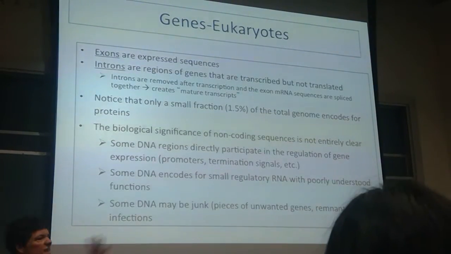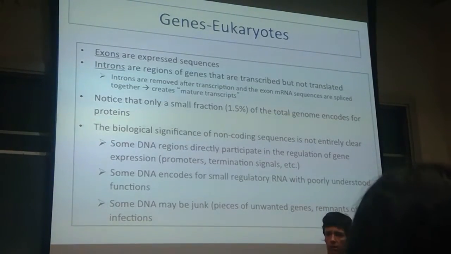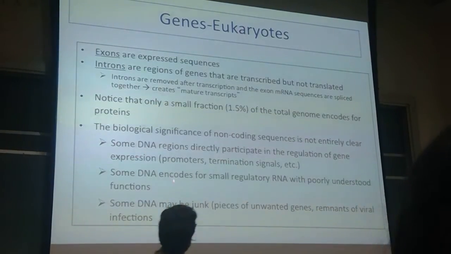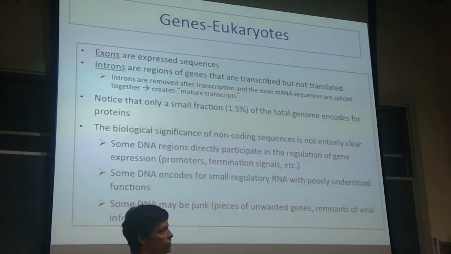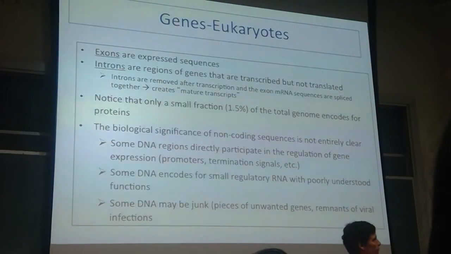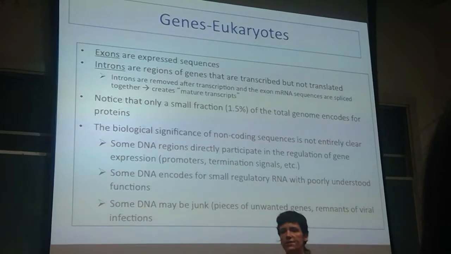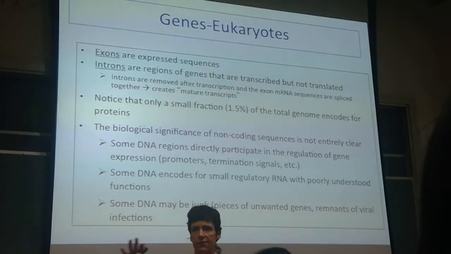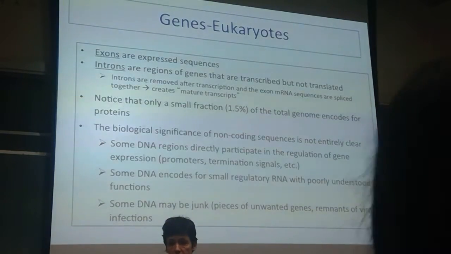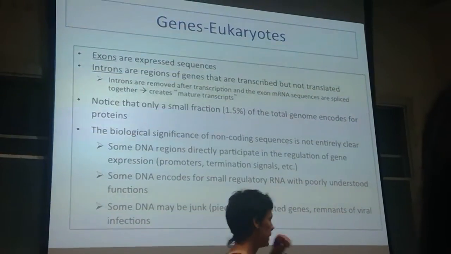So now, what is all this garbage around it? Where does that come from? So some we know, some we don't. Some can be DNA regions that participate in regulation. Some will be important to bind histone. We'll see that later. Okay? So there's a lot of sequences that have an effect on structure that need to be there to help out the compaction, but they don't need to be there to code for something. Okay?